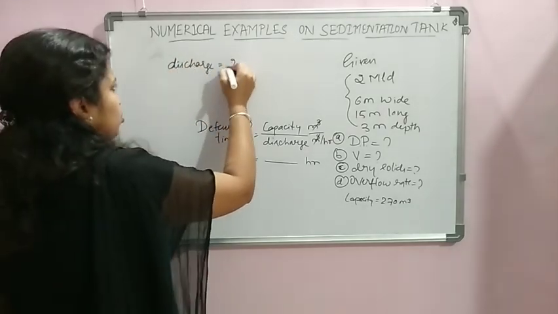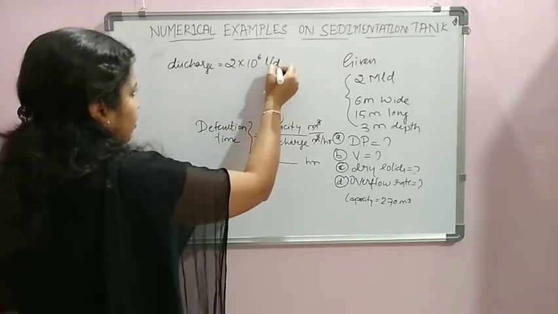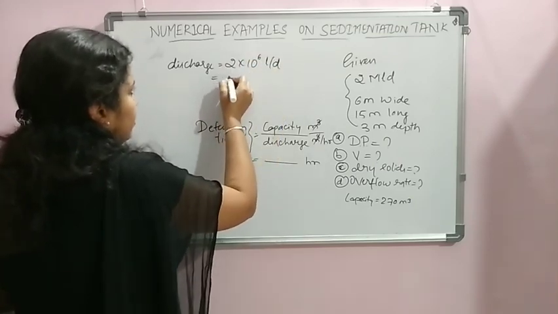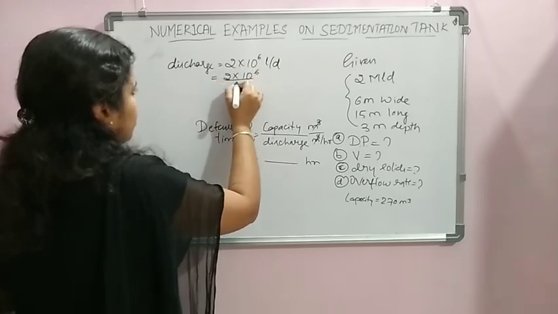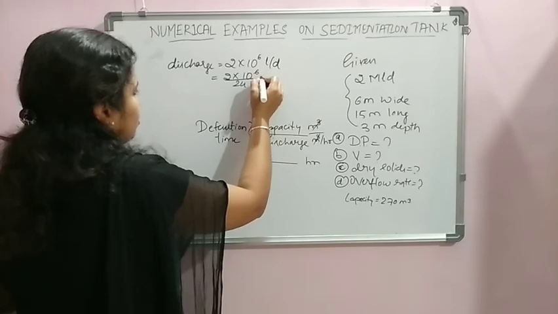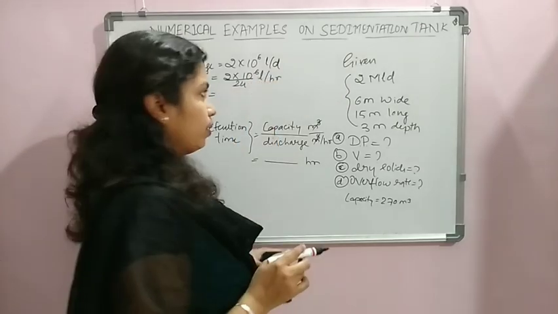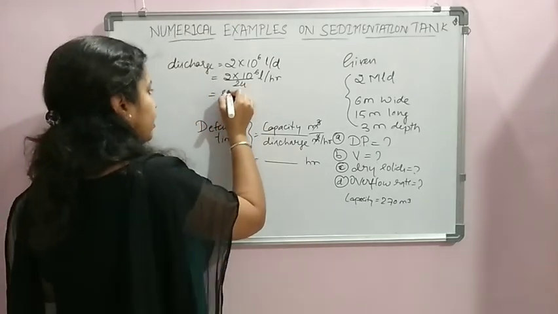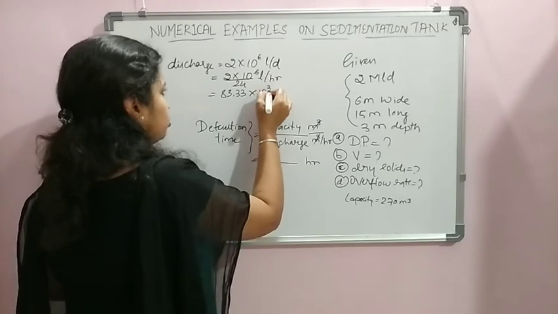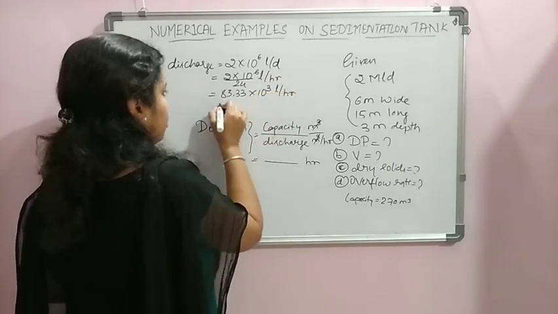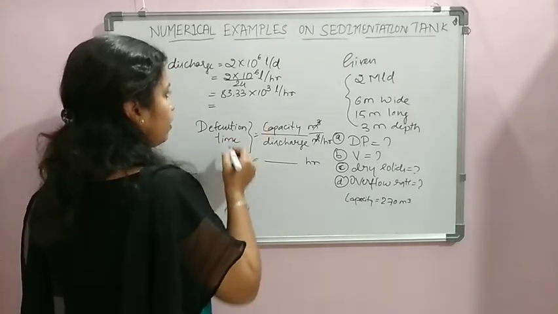discharge is given as 2 into 10 raised to 6 liters per day. Let us make it 2 into 10 raised to 6 divided by 24 hours, then it comes in liters per hour. So liters per hour, it is supposed to be 83.33 into 10 raised to 3 liters per hour. Let us convert it into metre cube per hour, divide it by 10 raised to 3.